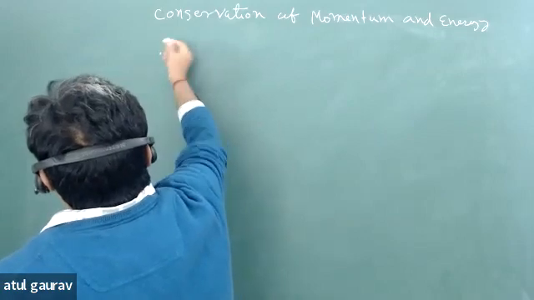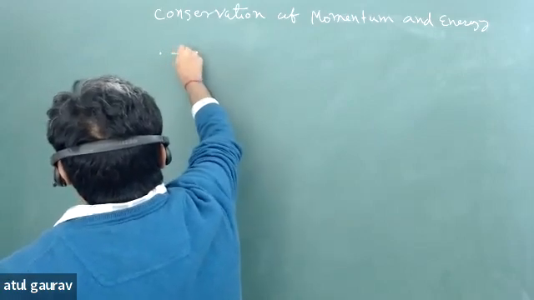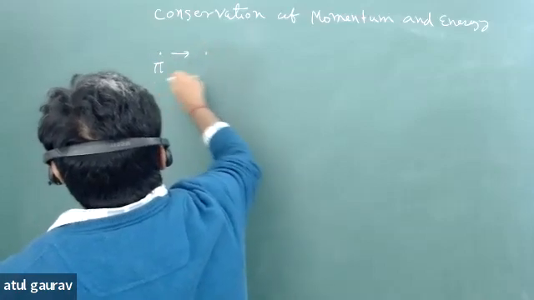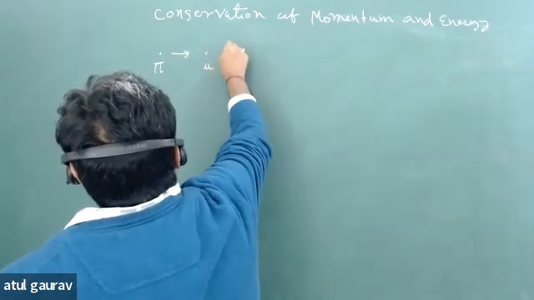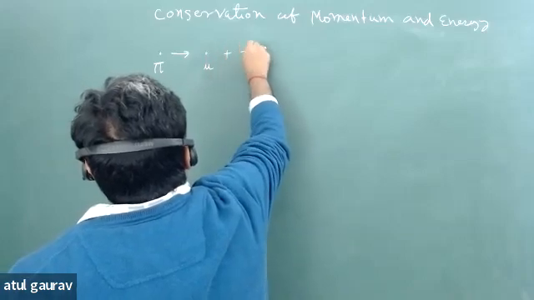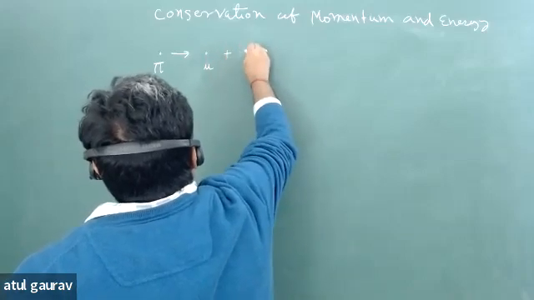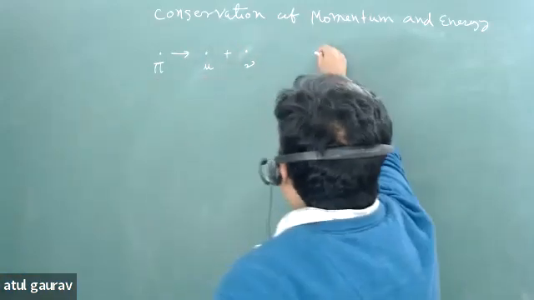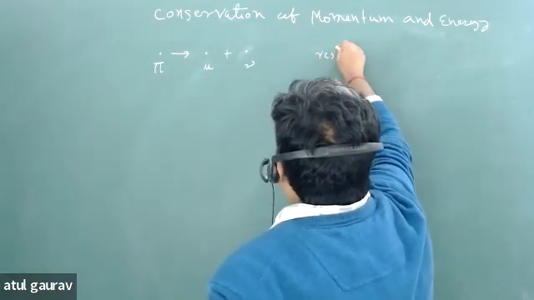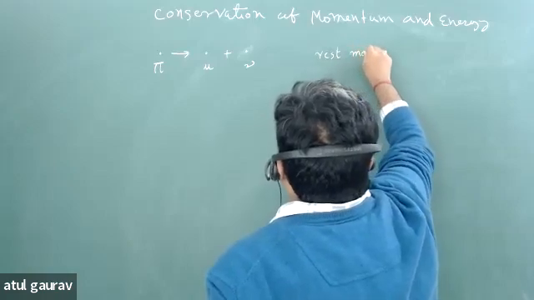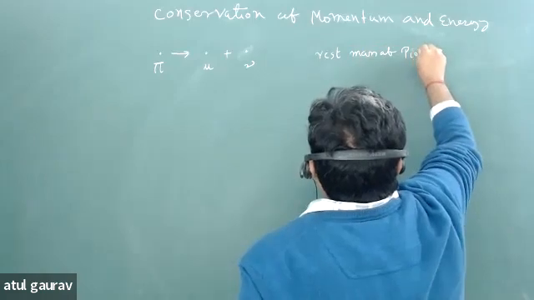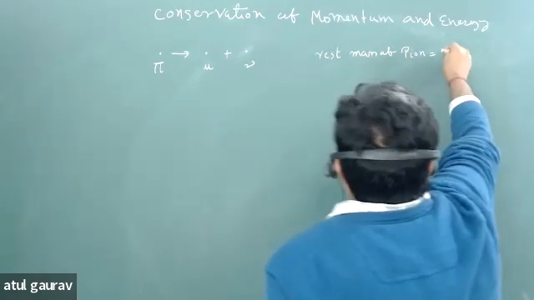A pion at rest decays into muon plus neutrino. So this is your pion, and you have the neutrino, same system. But now the rest mass of pion is m pi.